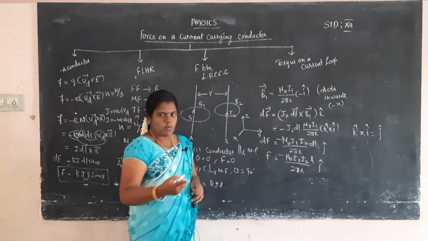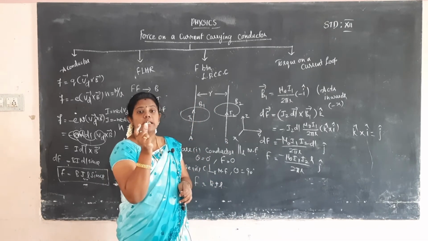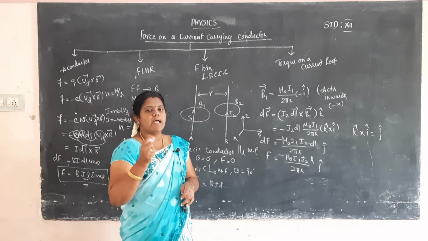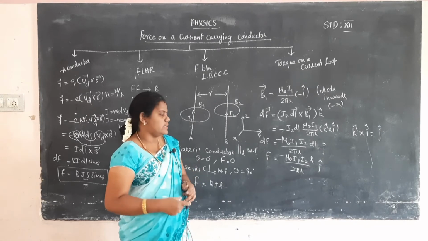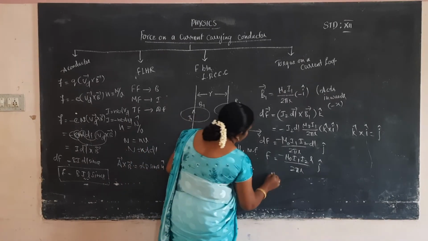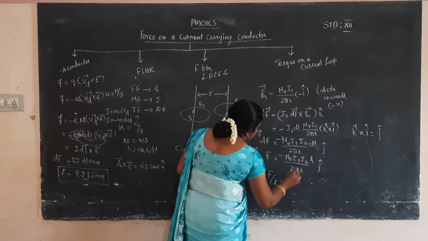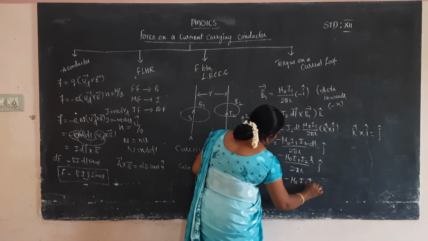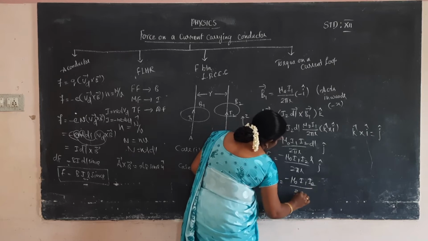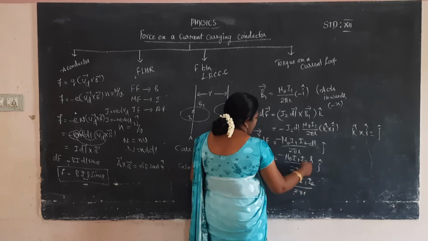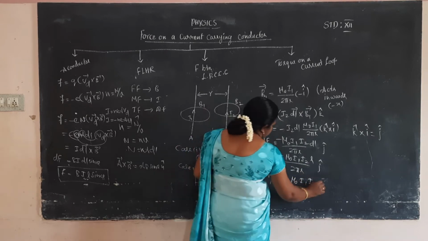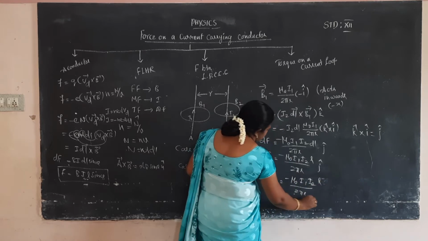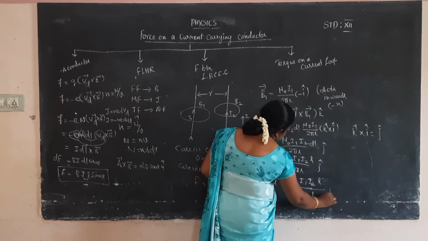Now we want to calculate the force acting per unit length. The force acts on a unit length of the conductor, so we want to calculate F by L. So F by L is minus mu naught I1 I2 by 2 pi r, the L in the numerator and the L in the denominator cancel, into j cap.